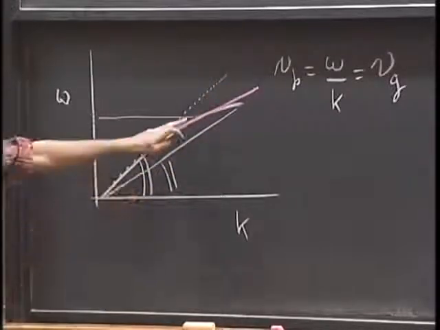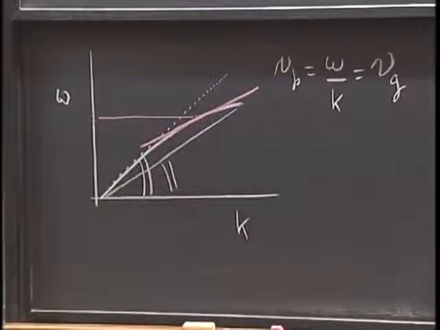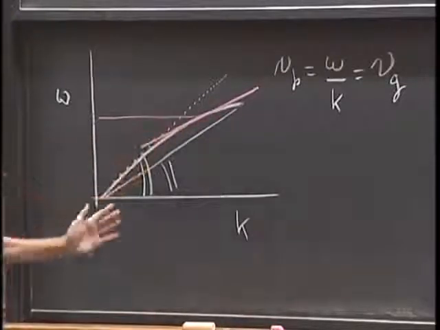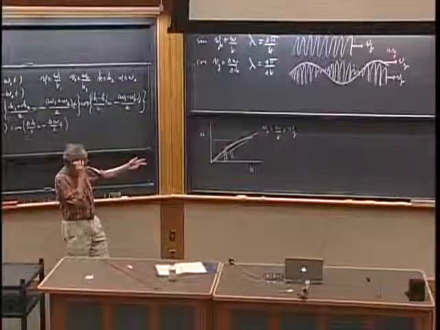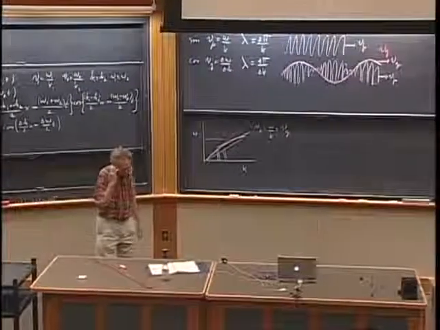And so you see that for all these points here, the group velocity is different from the phase velocity. And the exact values of the phase velocity and the exact values of the group velocity follow from the shape of that curve. So you have to know that curve, and that curve is called in general the dispersion relation. So any relation between omega and k gives the whole show away.